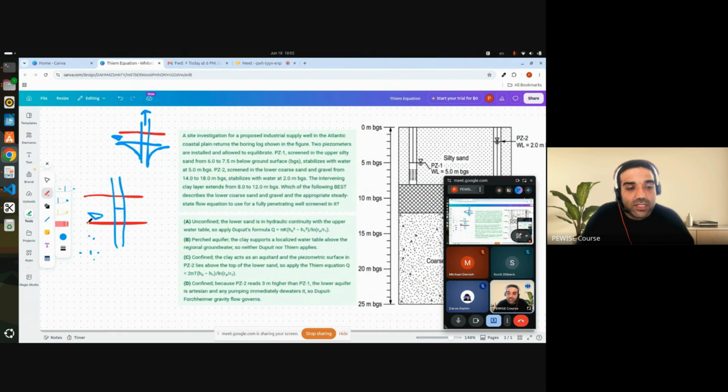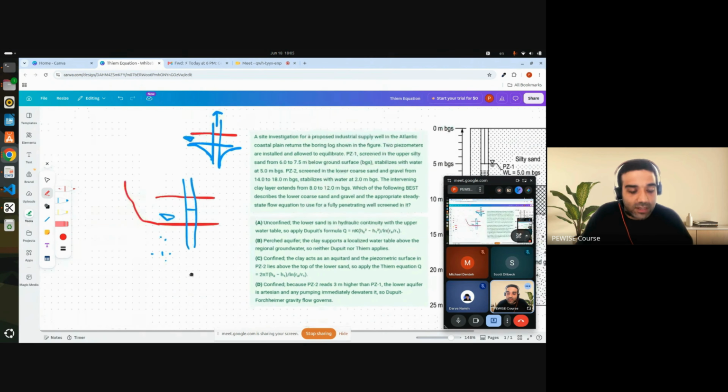That's because this clay layer is impervious, and the water is pushed down because of this cap.